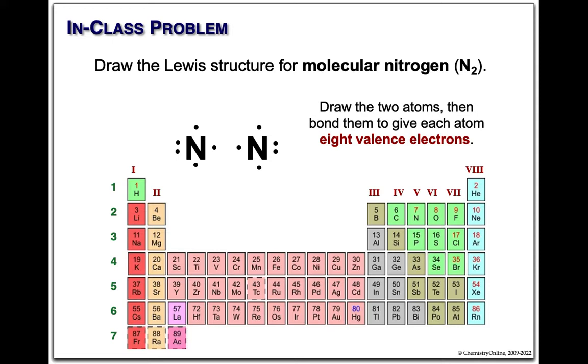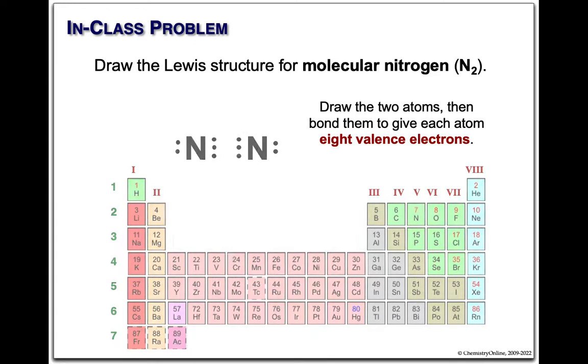We're going to start by taking these unshared electrons, move them in. When we do that, we wind up with 2, 4, 6, 7 electrons around each nitrogen. 7 is better than 6, but it's still not 8. To get 8, we're going to take these other unpaired electrons, move them in, and this is our structure.